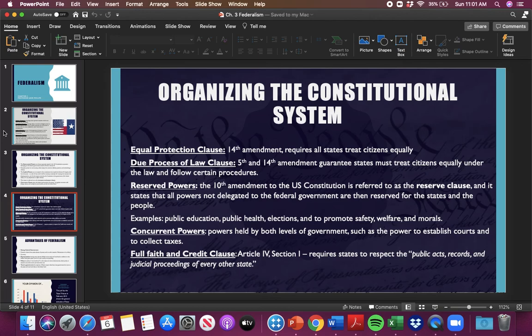Welfare, we typically define as welfare services, although it is a shared responsibility with the federal government. Morality is the tough one. Morality is left within the authority of the states, but we don't always agree on whose morality.